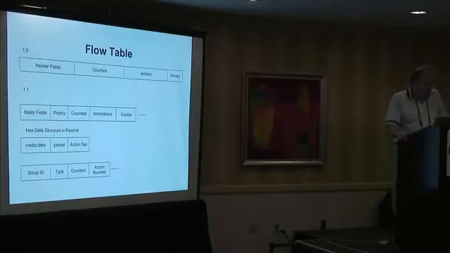In 1.1, it gets more complicated, and you need to think about a new abstraction, and that is this data structure that's moving through the pipeline of the switch. This data structure has a couple of things with it. It has a blob of metadata, just 32 bits.